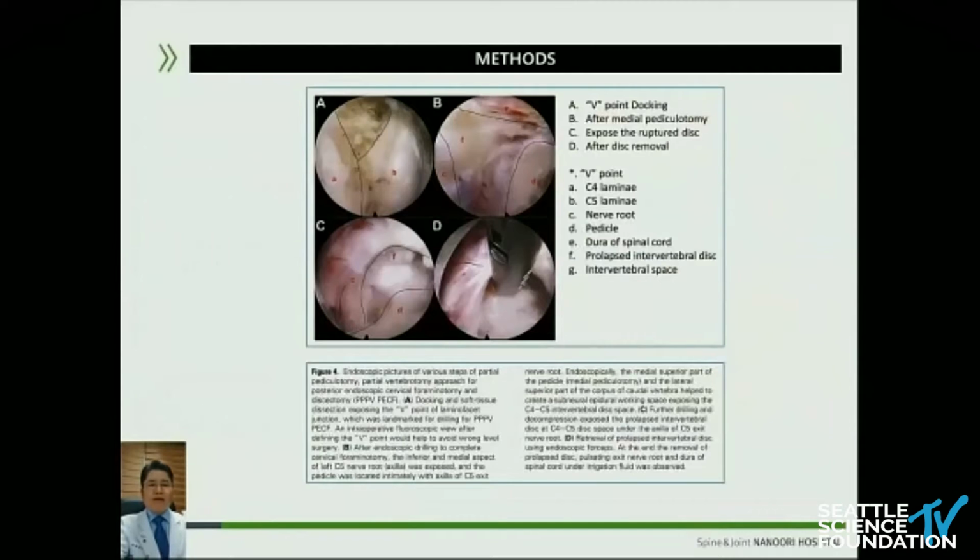We can check the V point in the endoscopic operation view, and after checking the boundary between the nerve and the pedicle, after partial pediculotomy, the target region can be removed.